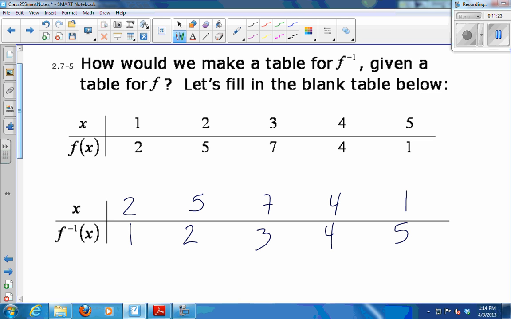If this was a 2 right here, so 1 goes to 2 and 5 goes to 2 also, that's okay, that's a function. But when I reverse it, now I'm going to have one input going to two different outputs, which is not allowed. So this would not be a function. Not all functions have inverses, exactly. That's part of the lecture. We're going to write it down.